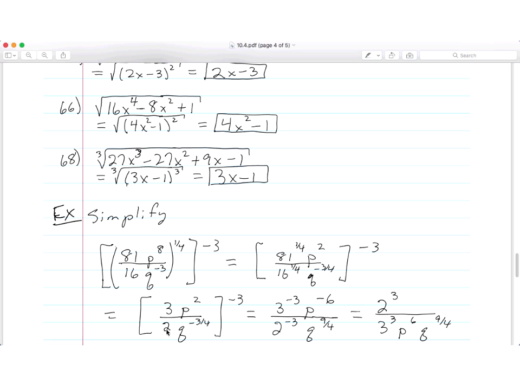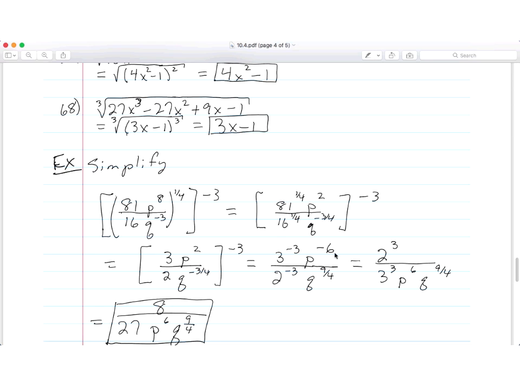The fourth root of 16 is 2. And so I get 2 to the negative 3. Q to the negative 3/4 times negative 3 is a positive 9/4.